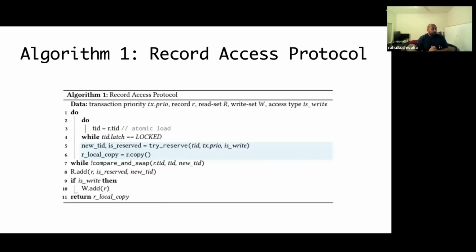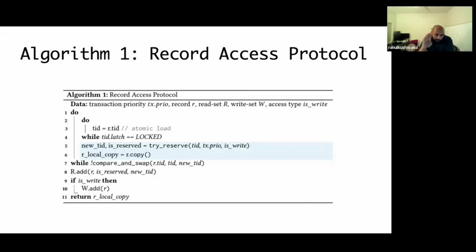So let's go over the record access protocol. This protocol is used every time you want to read a data item, or read a data item for mutation as well. As we can see, there are two do-while loops. From line 2 to 4, we make sure that the transaction ID that we read from the record is not locked. Remember, transaction ID is a per record field.